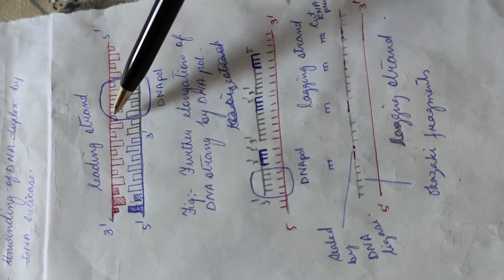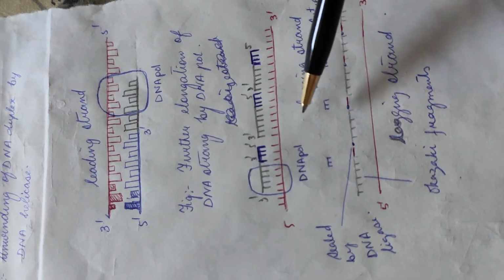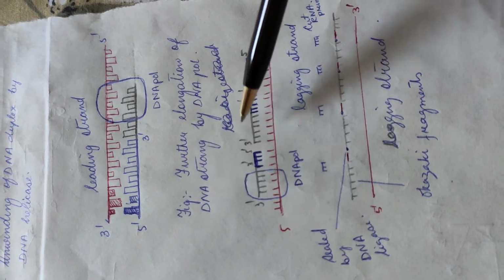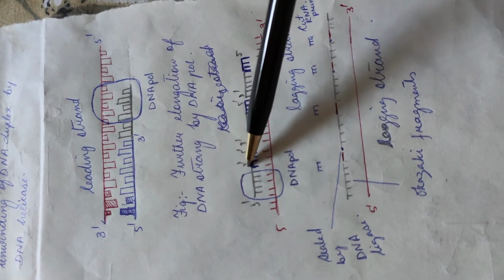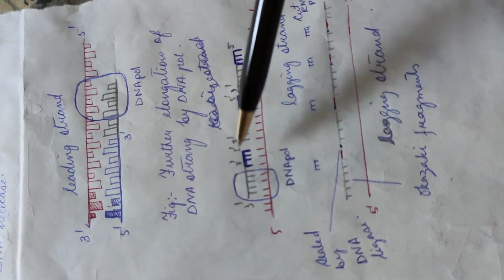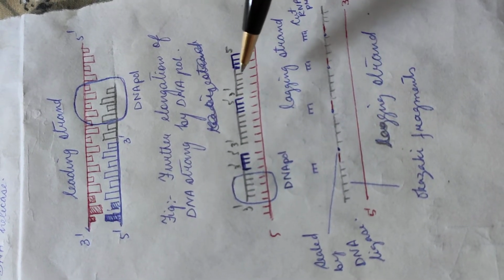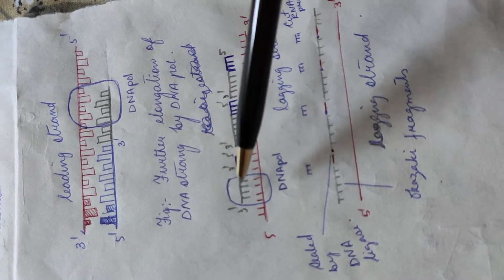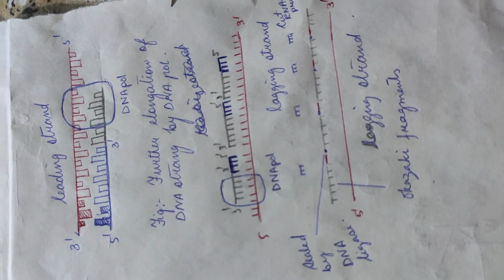So in the leading strand, the formation is continuous as you can see here. Whereas in the lagging strand, as I already told you, several small RNA primers are formed from 5' to 3' direction. So several small fragments of DNA are formed in the lagging strand by DNA polymerase III. These small fragments are known as Okazaki fragments.